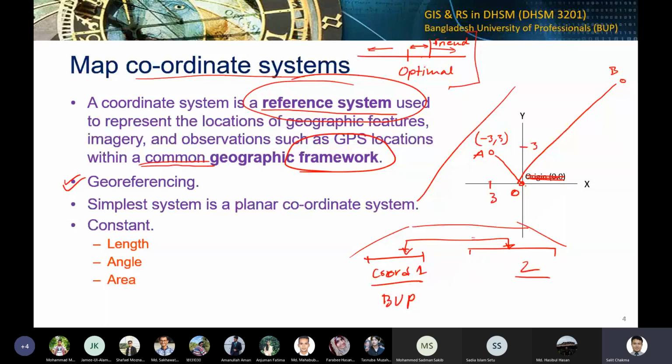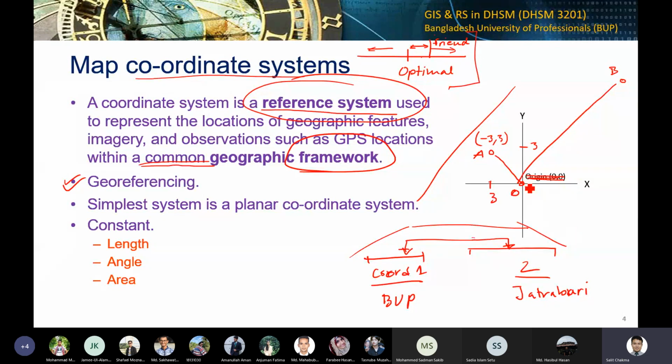So someone is in Jatrabari, and he is using the coordinate system which was developed using Jatrabari. So for him or her, the origin point is Jatrabari. Since the origin point is Jatrabari, that means 0,0 is Jatrabari.